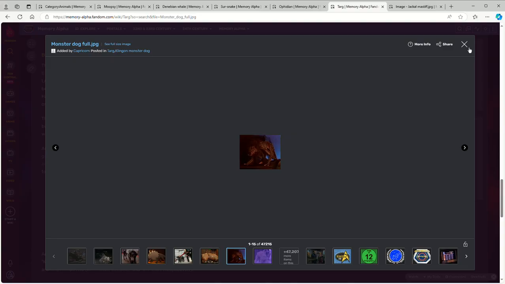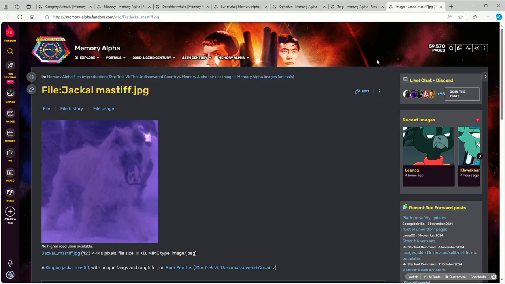Oh yeah, we don't have anything but that behind the scenes picture. But yeah, this alien dog's being kept like a watchdog, and it has these really gnarly looking teeth, which doesn't look like a Targ to me. But what exactly it's supposed to be, no one really says much about.